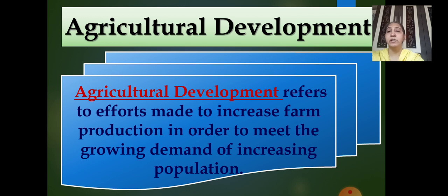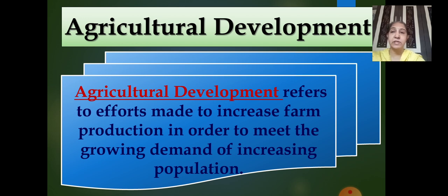So to cope with all that, agricultural development is a must. If we are increasing production, definitely the income will be more, correct? But then for what? It is in order to meet the growing demand of the increasing population.